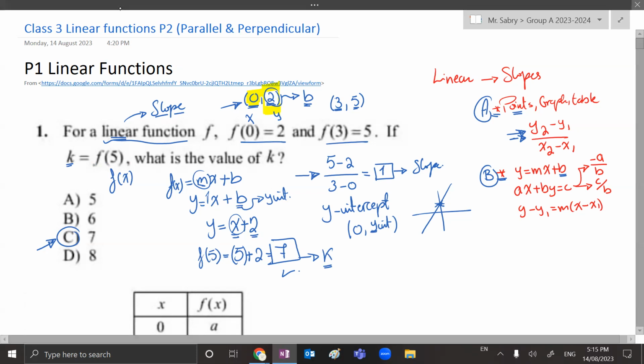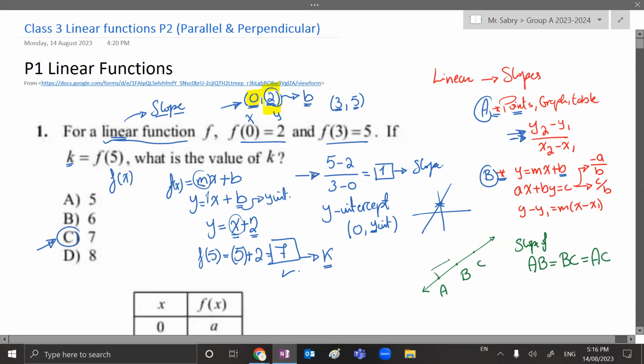There is another method though, and it's a very important perspective to look at all linear functions. Any line in the world, let's say it has 3 points, for example, point A, point B and point C. If I calculated the slope using point A and point B, it must be equal to the slope using point B and point C, or the slope using point A and point C as well.